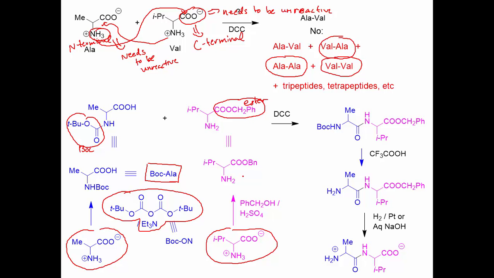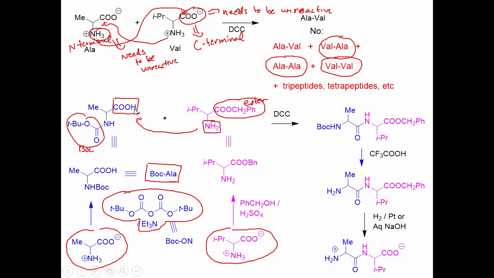All right, so when we mix these two compounds, there's only one amino group available, that one, and only one carboxylic acid group available. So this is what we get. We get the product from this nitrogen reacting with this carboxylic acid.